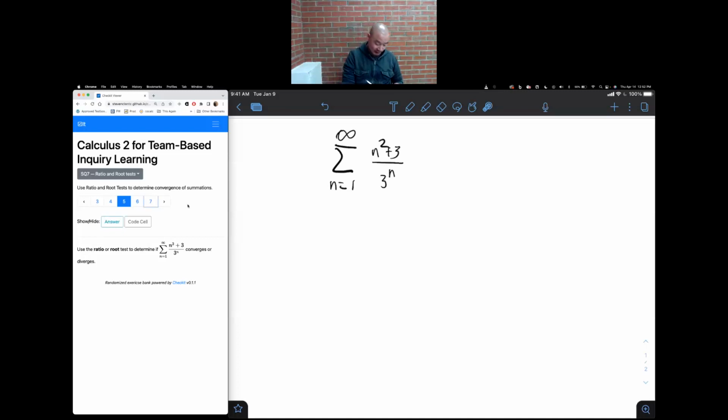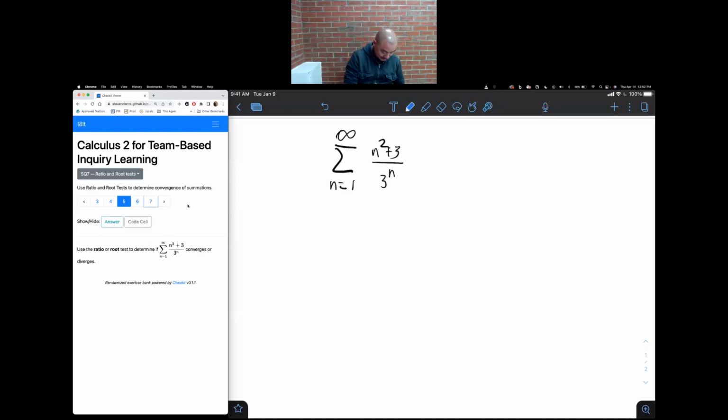Something else we should observe is that the ratio between subsequent quadratic terms tends to converge to 1, whereas the ratio of subsequent exponential terms tends to converge to the value of the base, so 3 or 1 over 3, depending on where the subsequent terms are. And so because of this, it makes sense to employ the ratio test in order to determine this convergence.